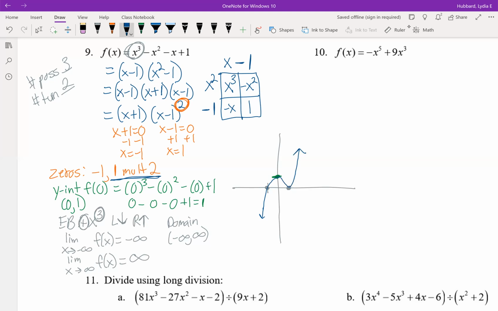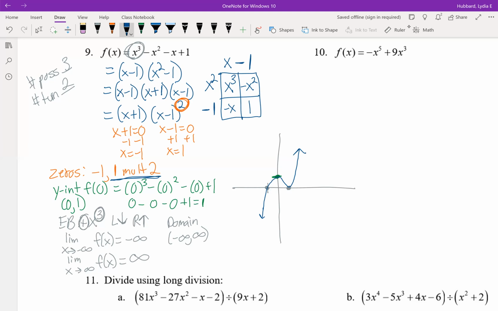And so this is what our graph would look like. So again, make sure you know even roots are when we bounce. Even roots, like if we had x to the second, x to the fourth, x to the sixth, and so on. All of those would be bounces.